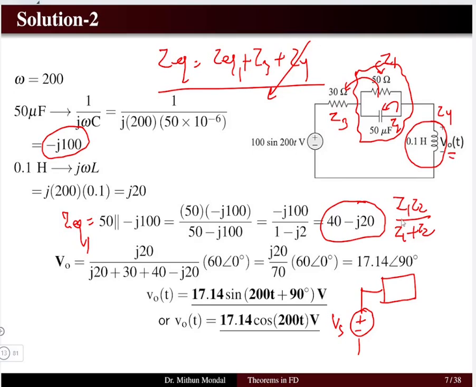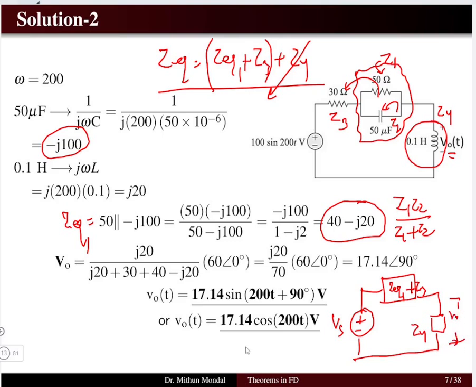So what I can do is take the series combination of only these two impedances, which will be in series with Z4. So if I take the series combination of Z equivalent 1 plus Z3, then I will have Z4 intact, through which I need to find the voltage V0.